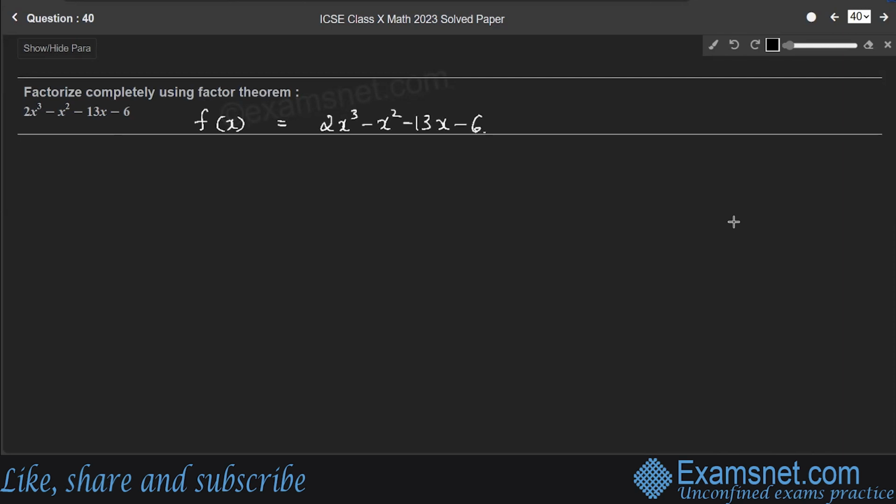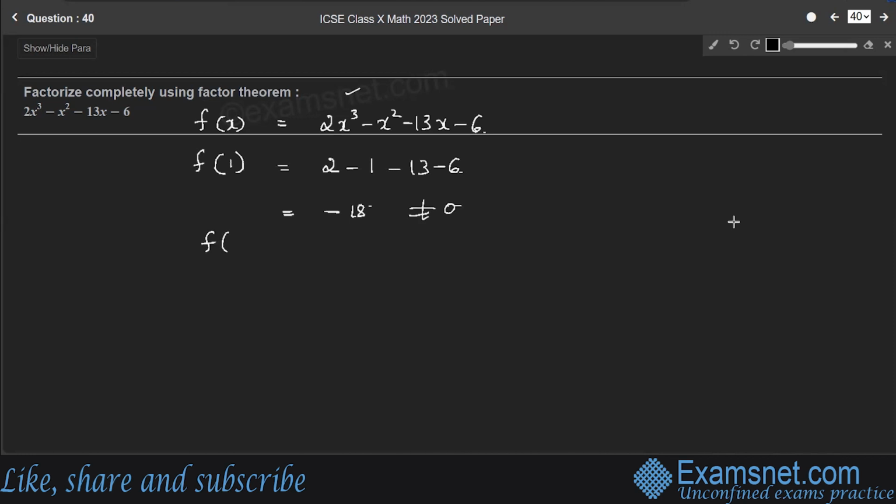Using the trial and error method, the hit and trial method, let us find the value of x so that if you substitute it, the given expression is equal to 0. Now try x is equal to 1. f of 1 becomes 2 into 1 cube, which is 2, minus 1 square, which is 1, minus 13 minus 6. So 1 minus 13 is minus 12, and it becomes minus 18, which is not equal to 0.